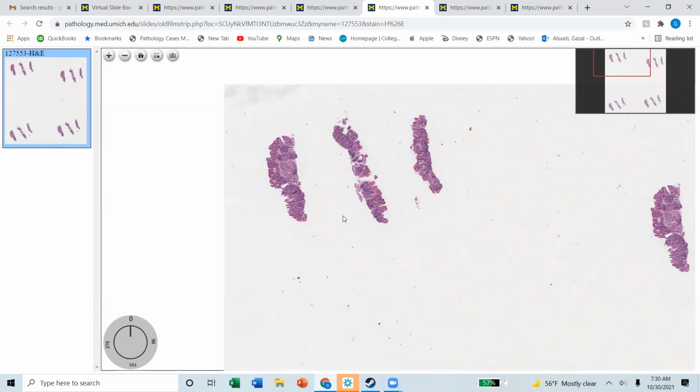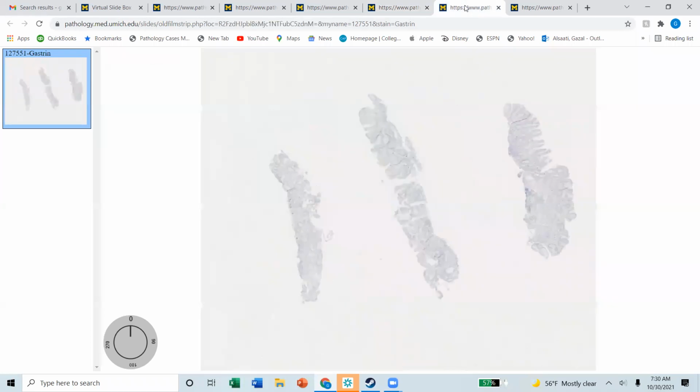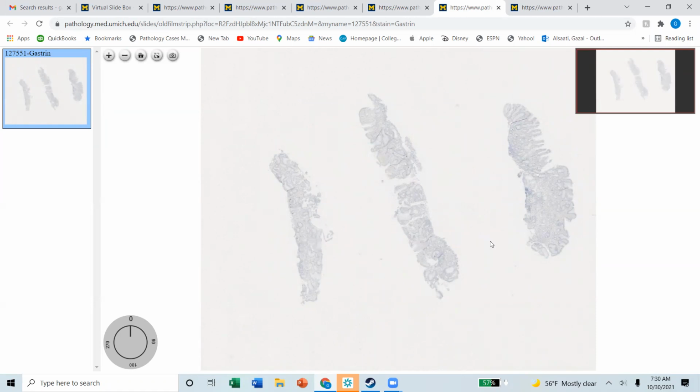The gastrin is truly positive in the antrum, and dead negative in the body. Okay, so I will say in my comment that the gastrin stain supports a body origin of the biopsy. Okay, that's what you do. You will call it that way, and then that's all you need to do.